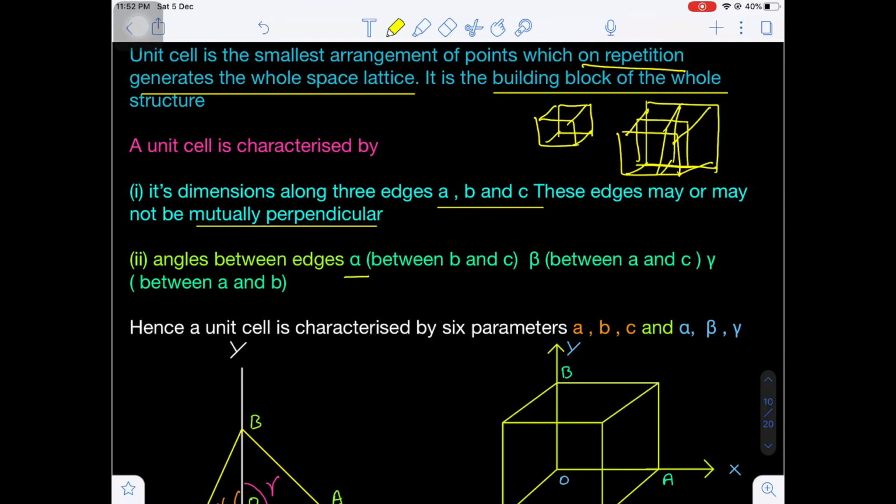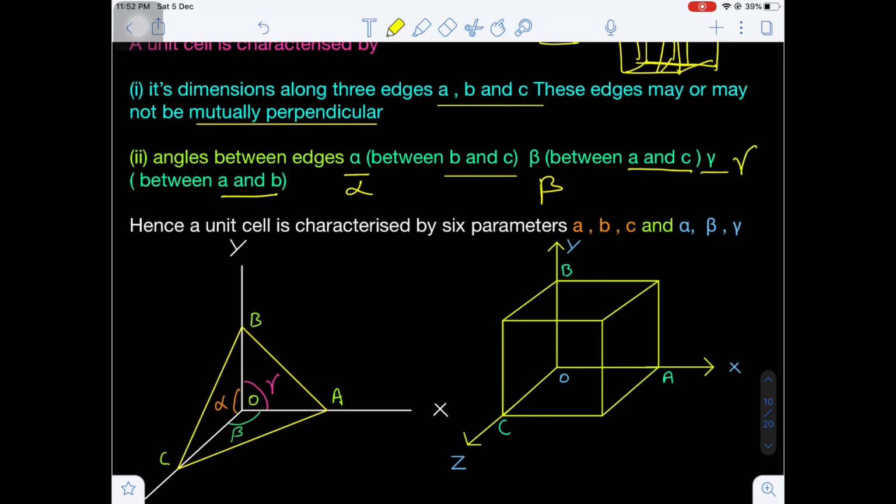Suppose the angle between edges b and c is alpha, between a and c is beta, and between a and b is gamma. Are you getting my point? Depending upon alpha, beta, gamma, the angles between the edges, and a, b, c, the edges along the axes, there are different types of unit cells.